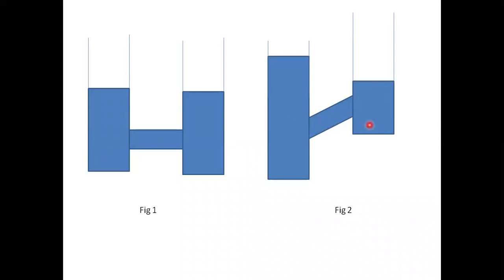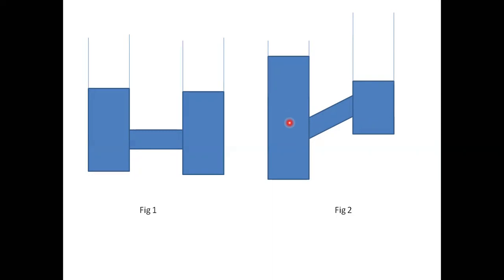Now this potential difference between this container and this container has helped the liquid present here to flow from this region to this region. Similarly, when we connect a wire to a battery, the electrons present in the wire also experience a certain potential difference due to the battery connected to them.